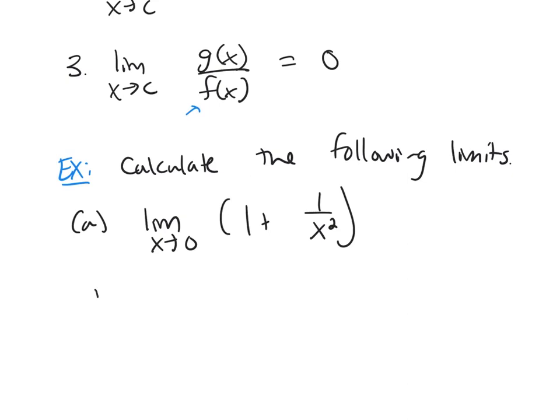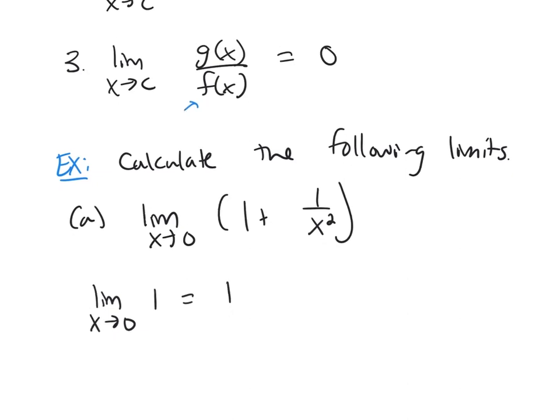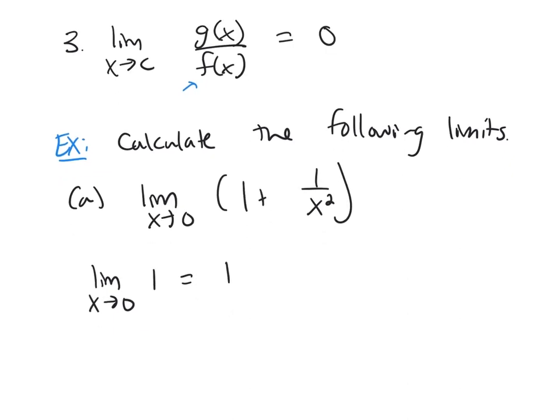So if I look at each piece now, the limit as x goes to 0 of 1, that's just 1. And now we're going to look at this limit, the limit as x goes to 0 of 1 over x squared, which we've looked at before. This limit is infinity.